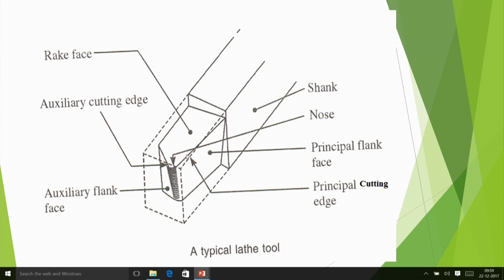Then we have the principal cutting edge, that is doing the main cutting operation, and feed is given in this direction, as I have shown by the red one.